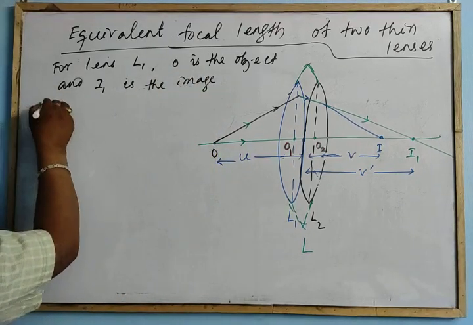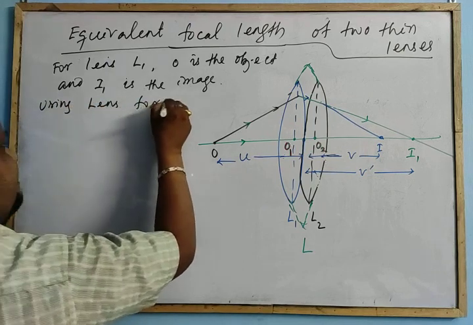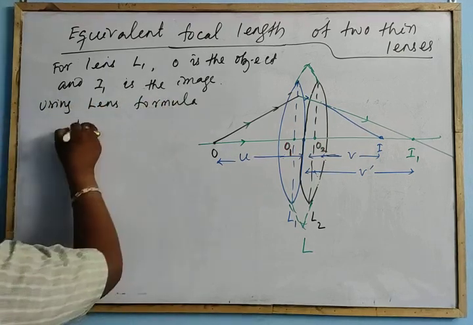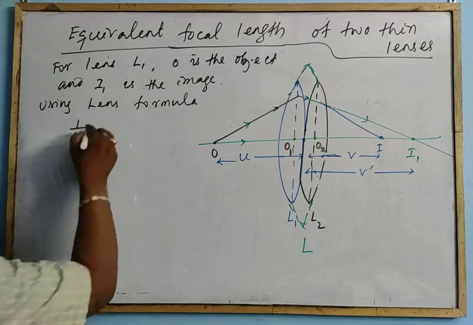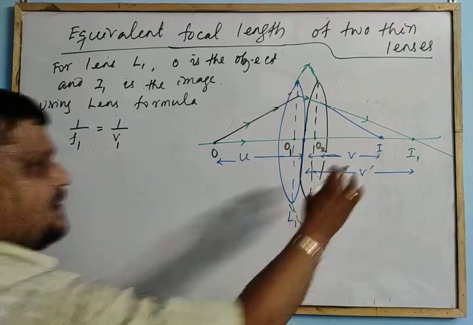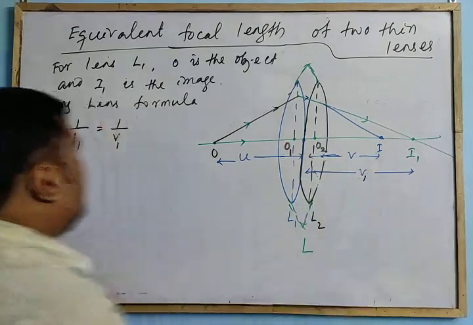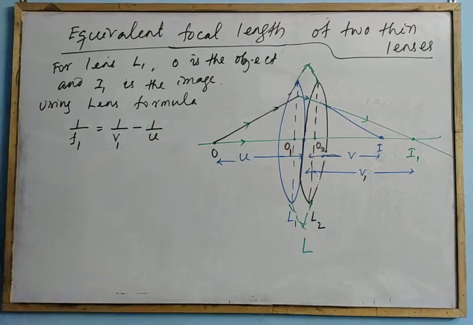Using the thin lens formula, if its focal length is f1, then 1 by f1 is equal to 1 by v1 minus 1 by u.